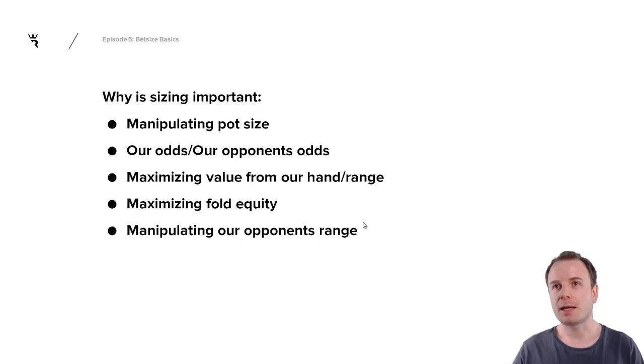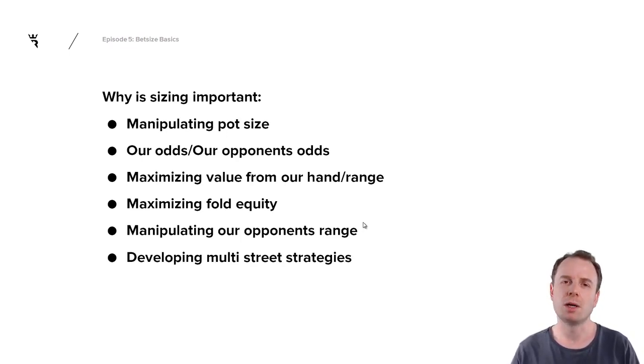Well, in that case, if you start betting big, what you're going to do is make your opponent's range strong and small, because he's not going to be getting particularly good odds to call with his weak hands, so he's just going to fold them.